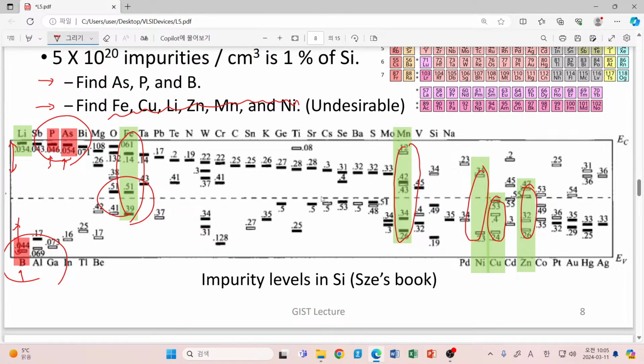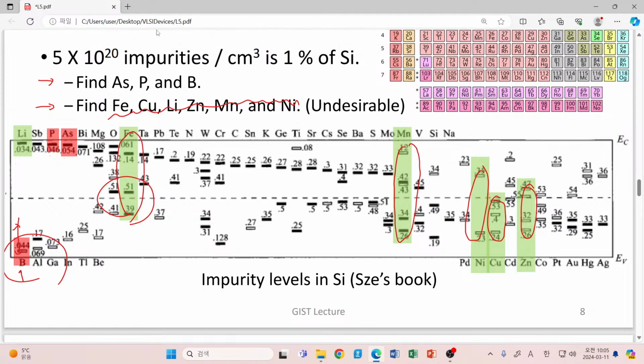So of course you can ask me, oh well, we have seemingly some counterexample. Lithium has even shorter energy difference than phosphorus or arsenic. Or here we have antimony, but usually antimony is not used as a dopant.